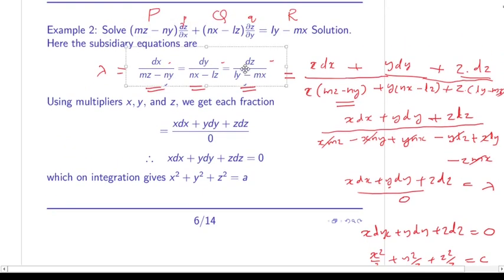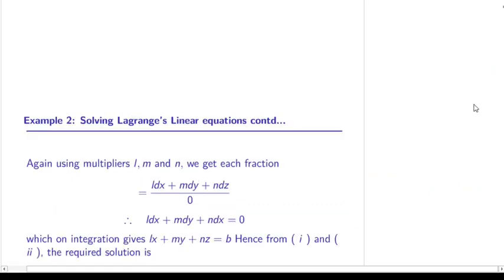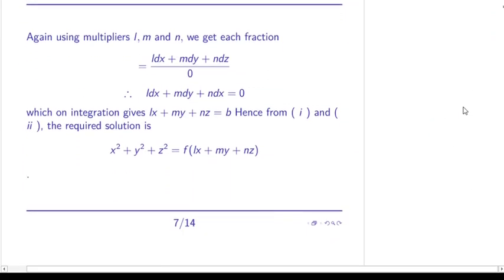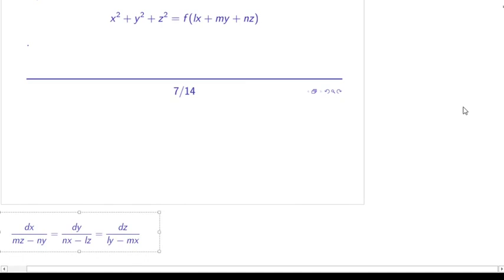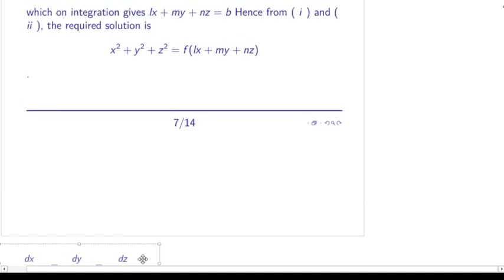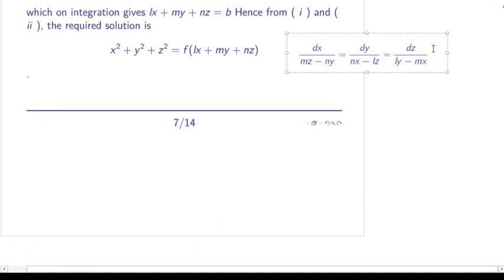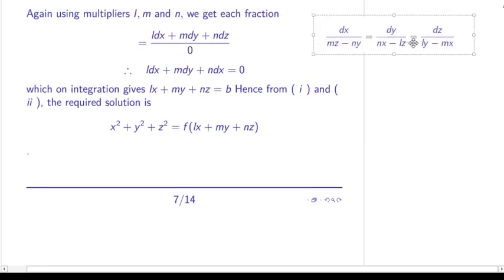Again you look at the auxiliary equation. So this was the auxiliary equation you have to focus on.